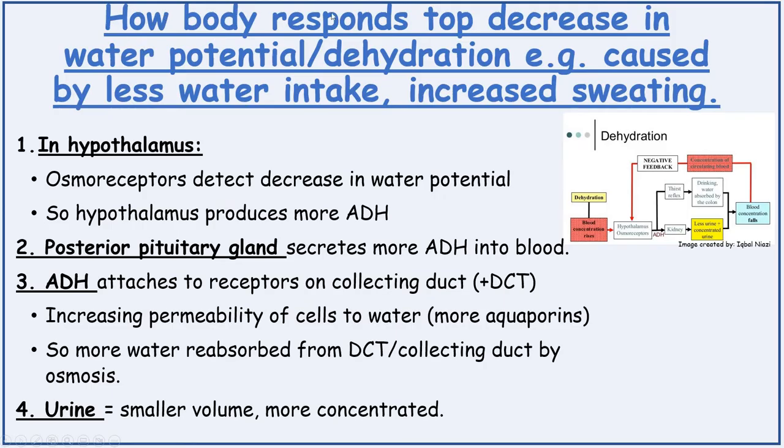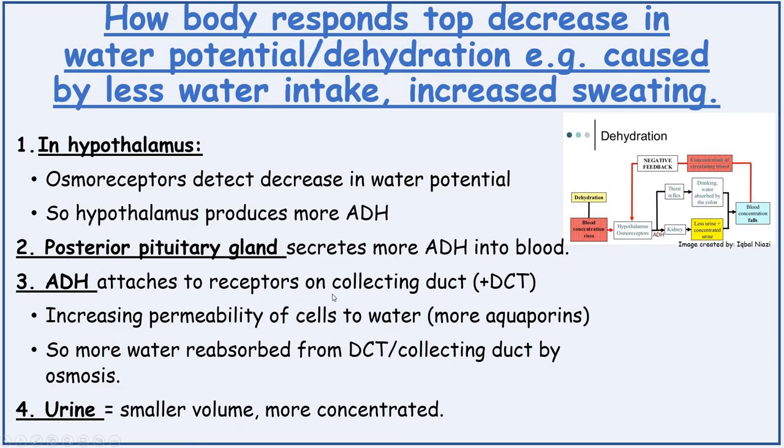So, how the body responds to a decrease in water potential or dehydration, for example, caused by less water intake or increased sweating. In the hypothalamus, osmoreceptors detect the decrease in water potential. So the hypothalamus produces more ADH. The posterior pituitary gland secretes more ADH into the blood.